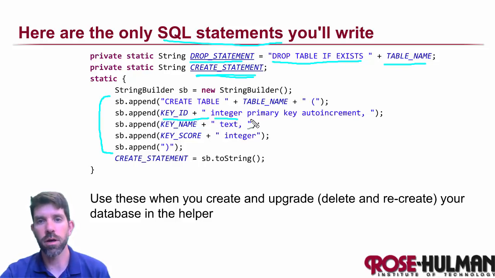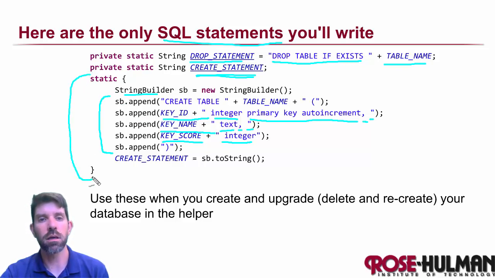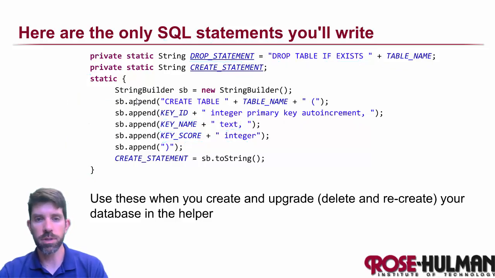And then for the primary key, we need to give it a little bit more information here, so some modifiers, and then a comma, space, and then every other one is just going to be a key, and then what type it is, comma, space, the key, and then what type it is, and then nothing at the end, right? Except for close parens. All right. We're doing all this here using a string builder, so this is happening statically when the class is first loaded, right? So let's go ahead and type this in. Not a big deal. You're free, if you just want to, to do a copy and paste on this. I'm okay with that.